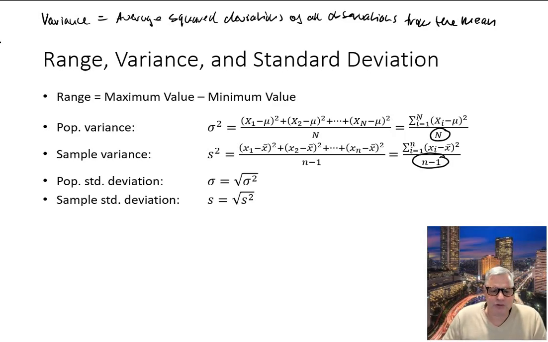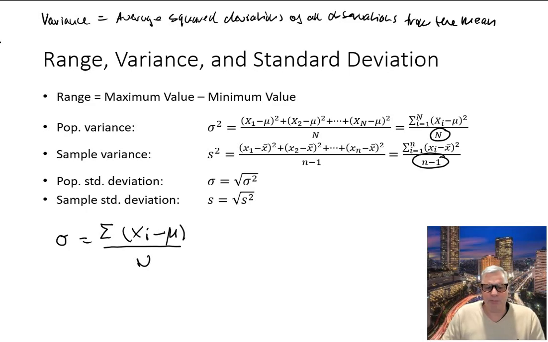If you try to just calculate the average deviation from the mean, and you set the standard deviation, sigma, simply as the sum of all the deviations from the mean divided by n, that doesn't work because, as we know from the mean, the sum of all the deviations from the mean will always be equal to 0.